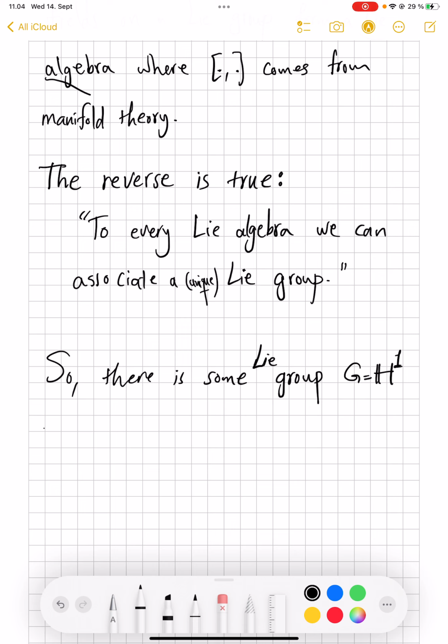Of course, it is a Lie group whose Lie algebra is, well, in mathematics, "is" means up to isomorphism, isomorphism of Lie algebras, which means a vector isomorphism that also respects the bracket, isomorphic to the Lie algebra above.